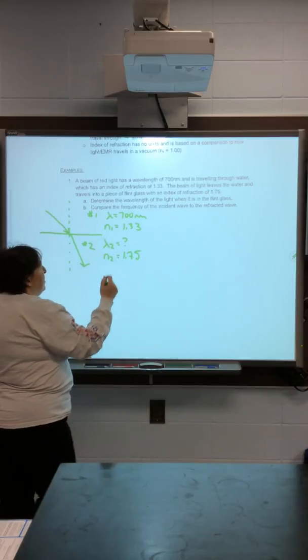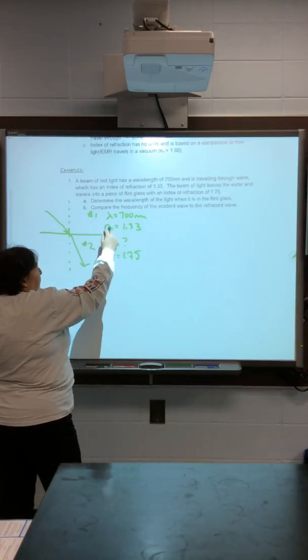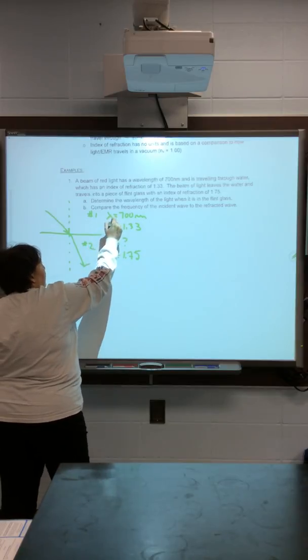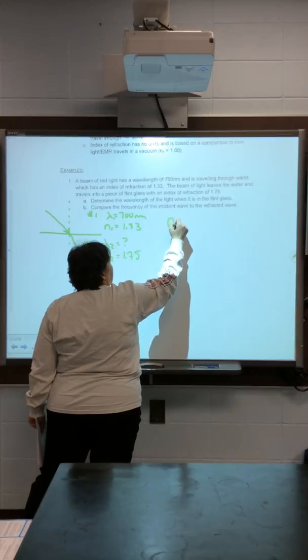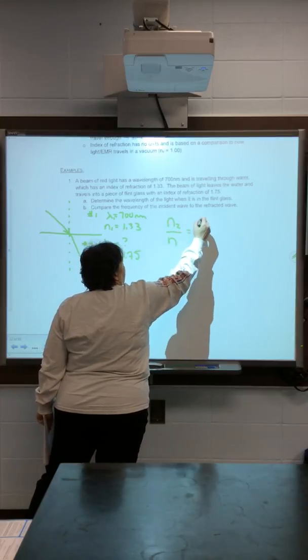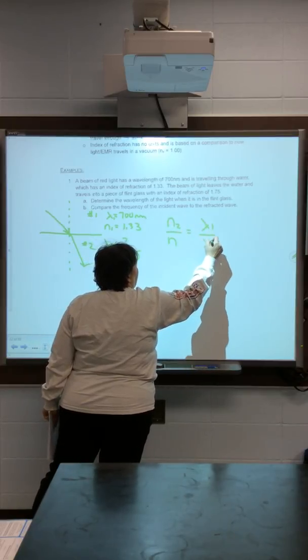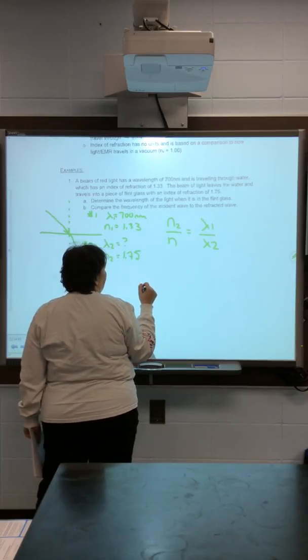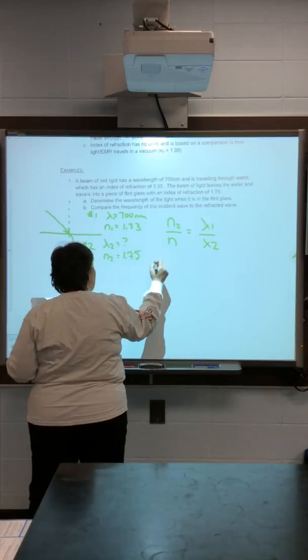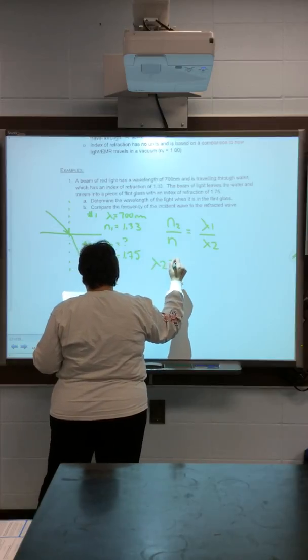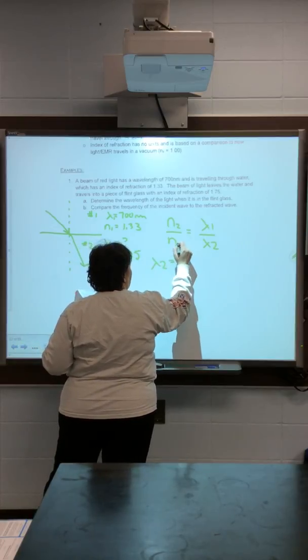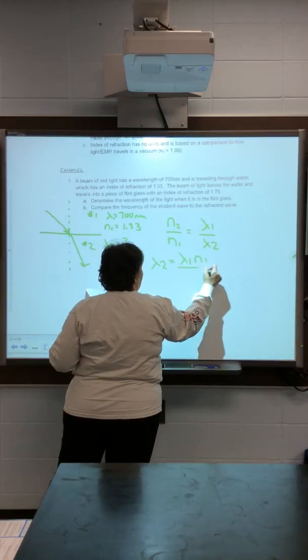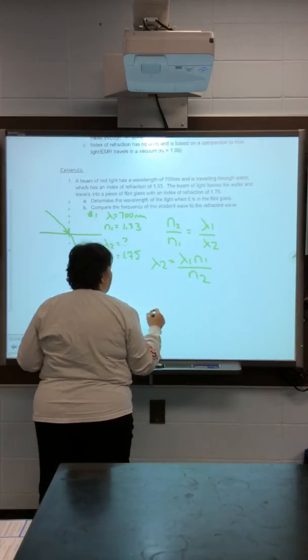So how do we look at it? Knowing that we're looking at index of refraction and wavelength, we know that N2 over N1 is equal to lambda 1 over lambda 2. We're going to isolate for wavelength 2. So wavelength 2 is going to be equal to lambda 1 N1 over N2.